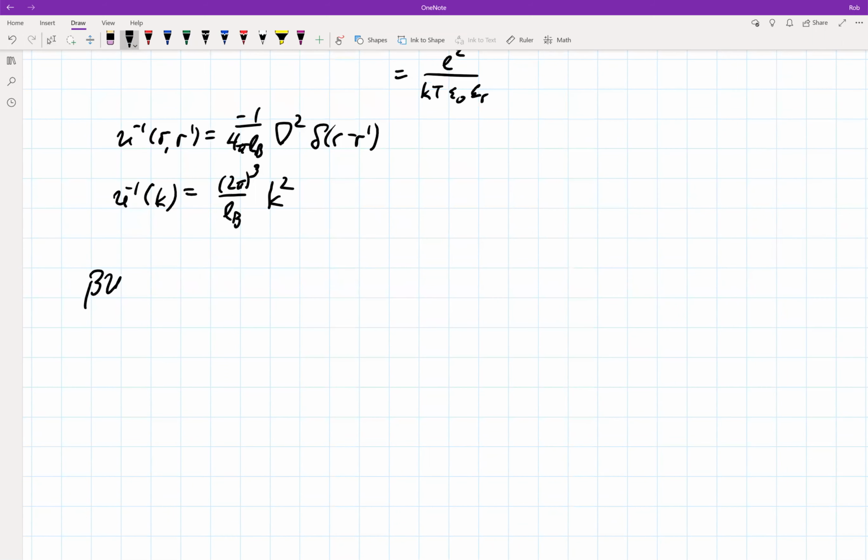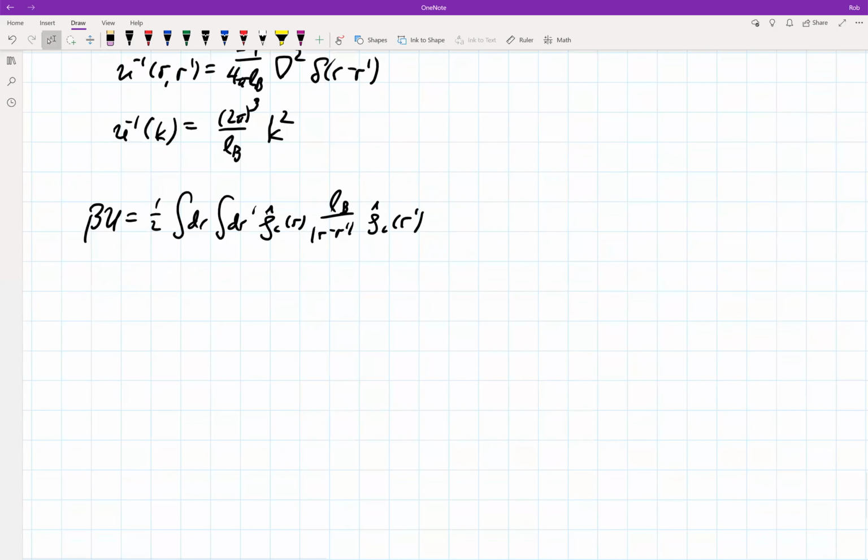So our beta U is going to be 1/2 integral dr dr prime rho hat c, the total charge density, L_B over r minus r prime, rho hat c at r prime. So all the charges at r interact with all the charges at r prime through Coulomb's law. Easy enough.